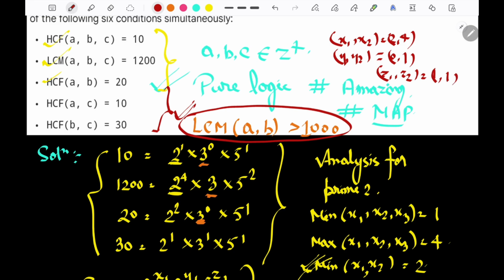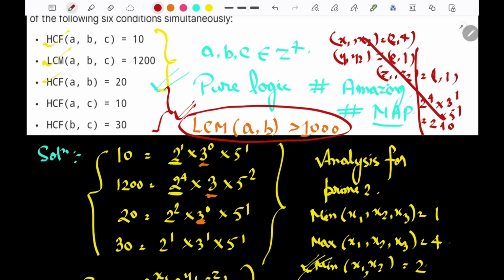So LCM of A, B will be 2 to the power 4, 3 to the power 1, 5 to the power 1, which will be 240. But actually it isn't right.